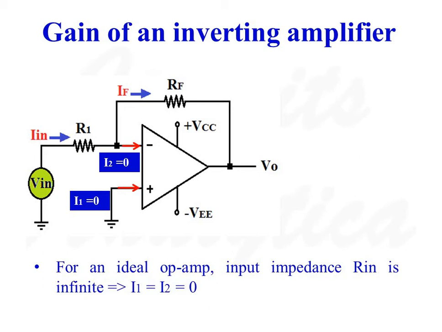Input impedance is the impedance between the inverting input and non-inverting input of the operational amplifier. Input impedance equal to infinity means these two terminals are perfectly open. That means current flow towards the non-inverting input is equal to 0. Similarly, current flow towards the inverting input is also equal to 0.